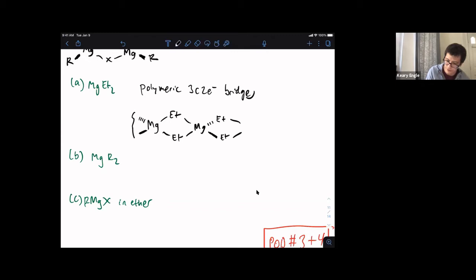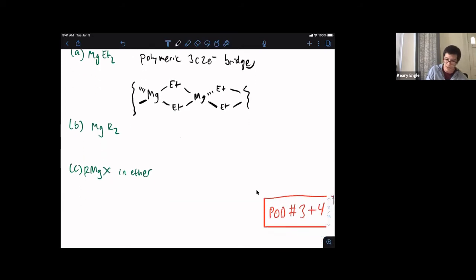And so on. So if you ever see me do this, it just means and so on, or that's sort of the repeat unit. So it forms these polymeric three-center two-electron bridges. And while this is polymeric or oligomeric in nature, it is nevertheless extremely reactive.